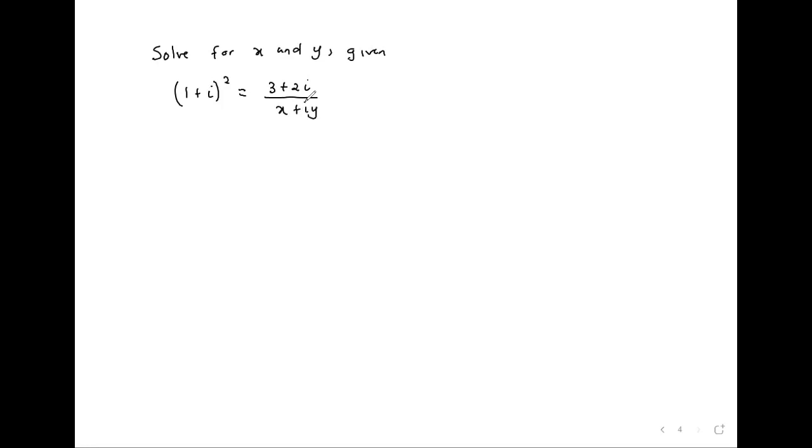The mistake that most of us would make here is to cross multiply and expand everything. That's a serious mistake. What we do is take our time, get (1 plus i) squared and evaluate it. This is (1 plus i) multiplied by (1 plus i), which is 1 plus 2i minus 1, which is 2i. So we have 2i is equal to (3 plus 2i) over (x plus iy).